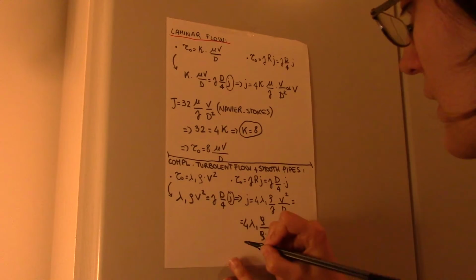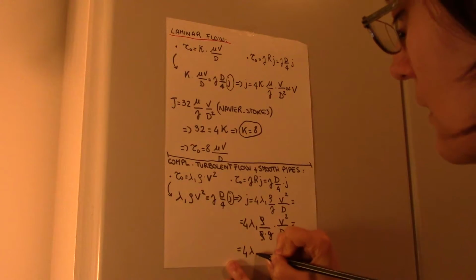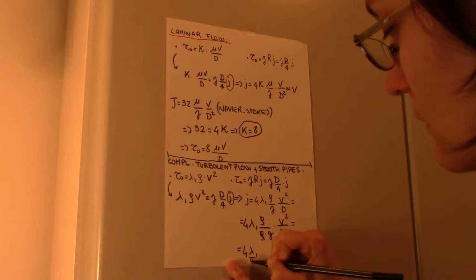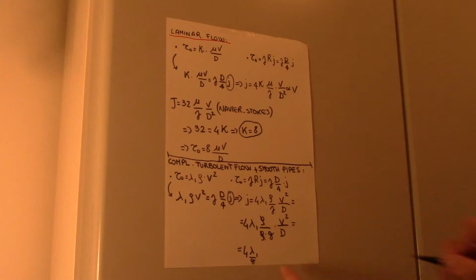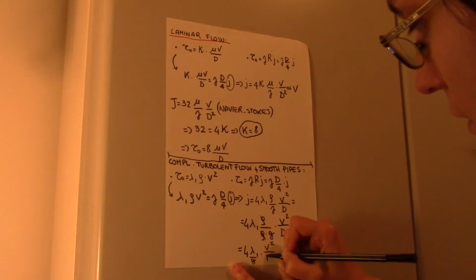And finally it is equal to 4 lambda 1 over g times v to the power of 2 over d.